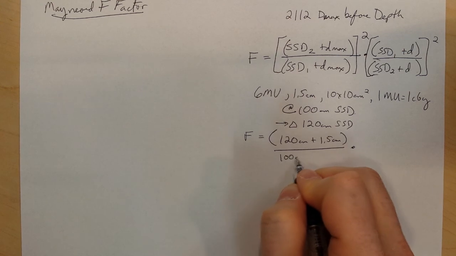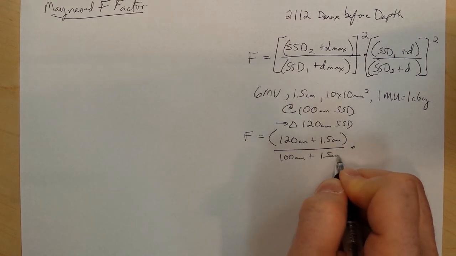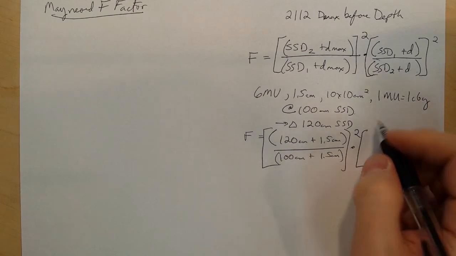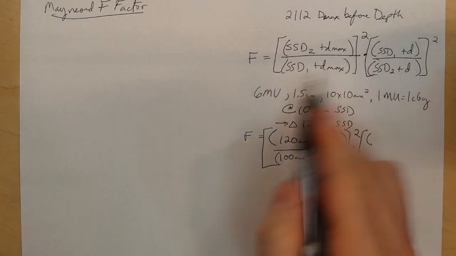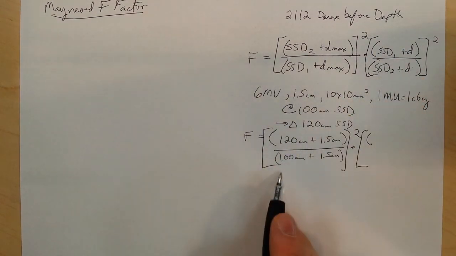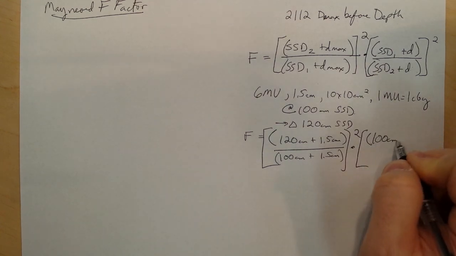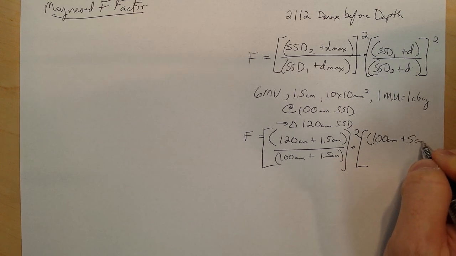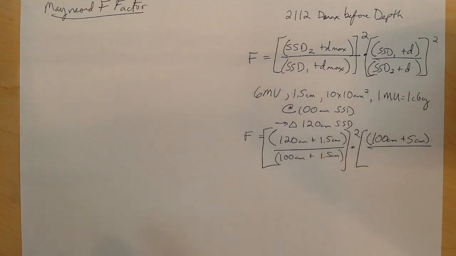SSD 1 is 100 centimeters plus D max. This whole quantity is squared. The second quantity, 2112 D max before depth, is SSD 1, 100 centimeters plus depth. The depth that we want to treat to is 5 centimeters, and that's just the prescription from the physician.